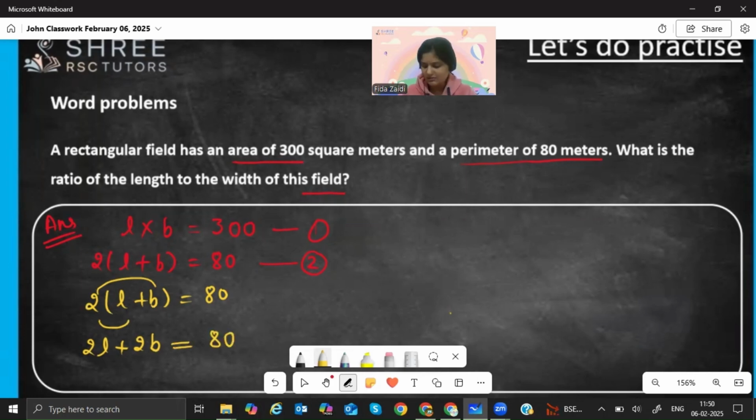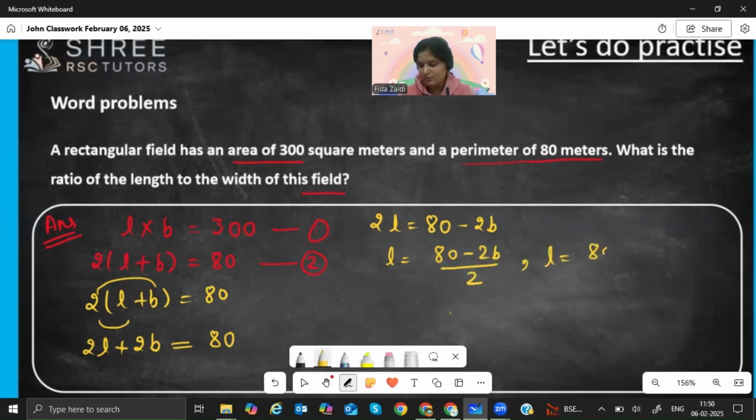Then we can write 2L is equals to 80 minus 2B. And divide 80 minus 2B by 2. So when you divide it separately, you will get 80 by 2 minus 2B by 2. 40 times you can cut 80 and 2 ones are 2. So L value is equals to 40 minus B.